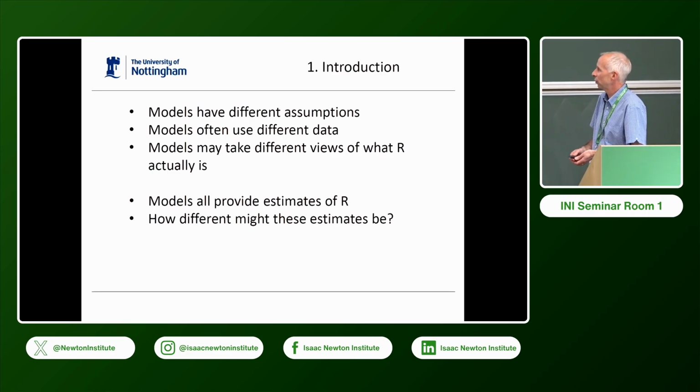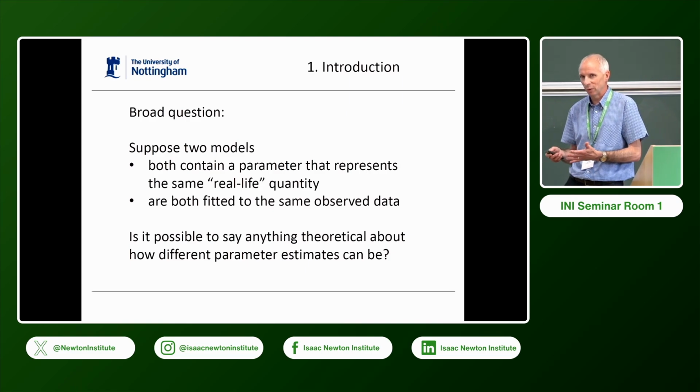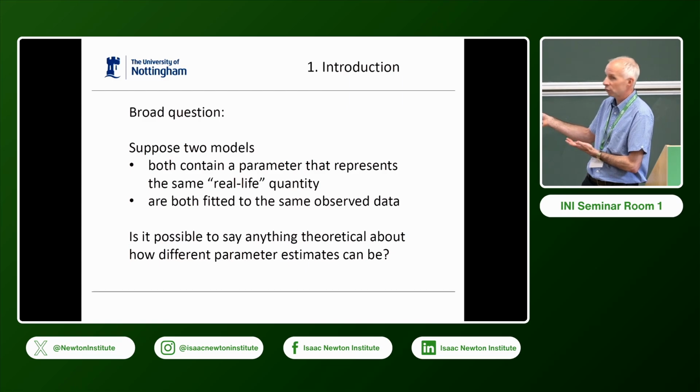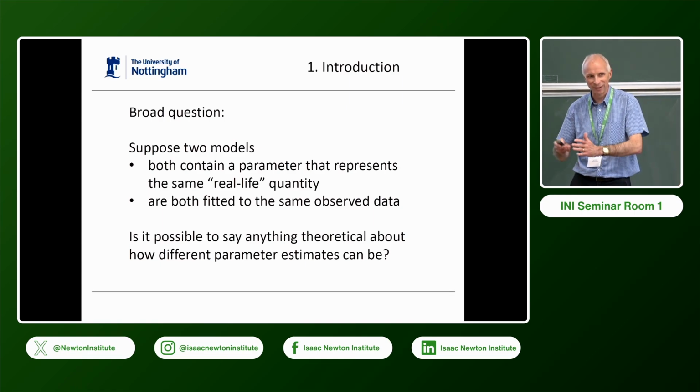You might ask yourself, how different might these estimates be if you have these different models at play? This and other things I've seen over the years have motivated me to think about the following broad question. Suppose you've got two models, and both of them contain some parameter or parameters which are supposed to represent the same thing in real life.